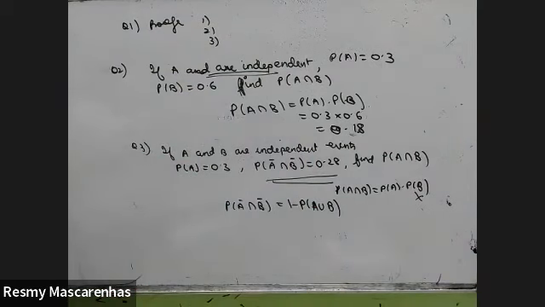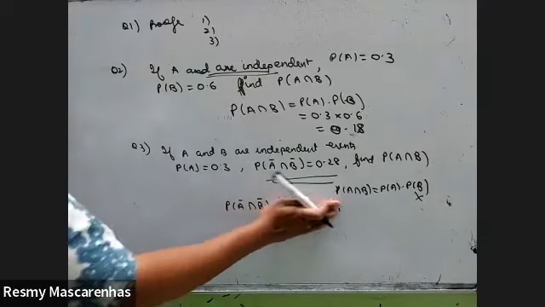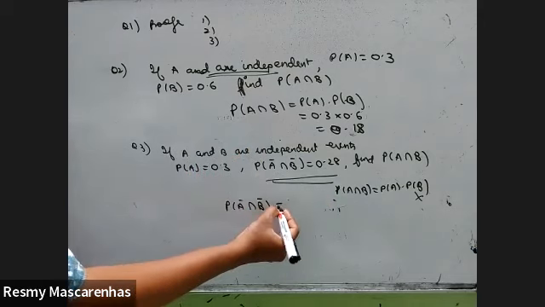Even if I find P of A union B, I will not know what is intersection also. So one more thing I can do using independent proof which we just used.